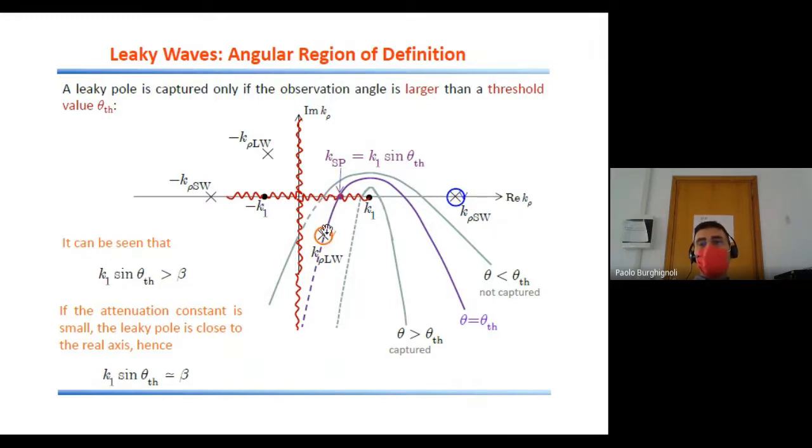Even though it is complex and lies in the fourth quadrant, its attenuation constant is a very small quantity, almost negligible, to the point that the saddle point will occur very close to the pole, and therefore K1 sine theta threshold will be approximately, even though not exactly, equal to beta, the phase constant of the leaky mode wave number.